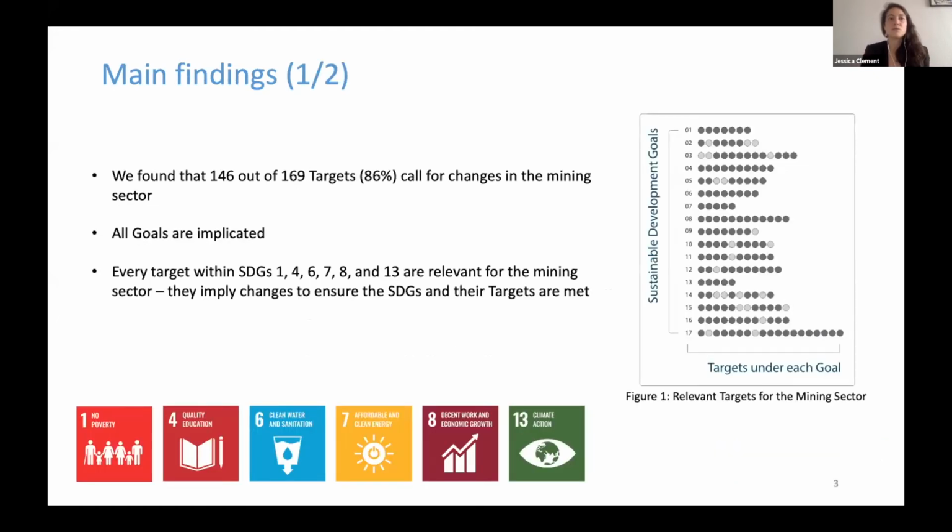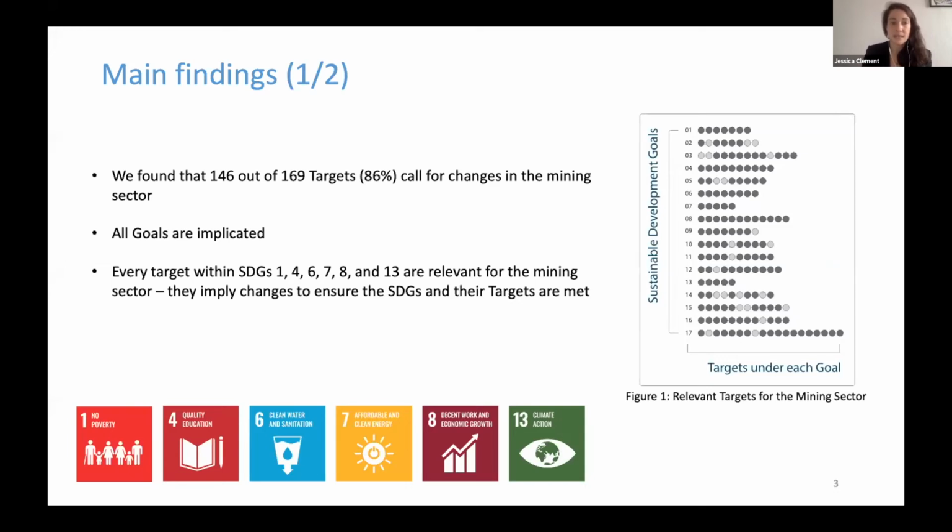We have two levels of findings, I would say. The first is a more broad overview that is rather normative. So here we're trying to understand what would need to be changed in the mining sector in order to reach certain goals or targets where there is a relevant connection. And we found that 146 out of the 169 targets, or 86%, called for changes in the mining sector.